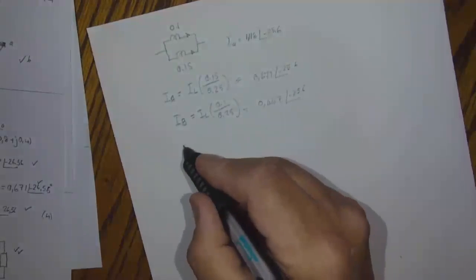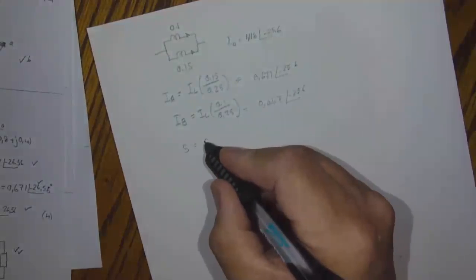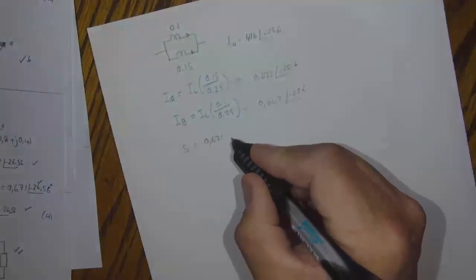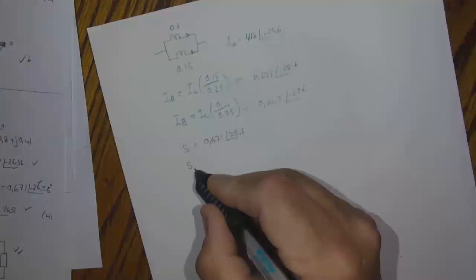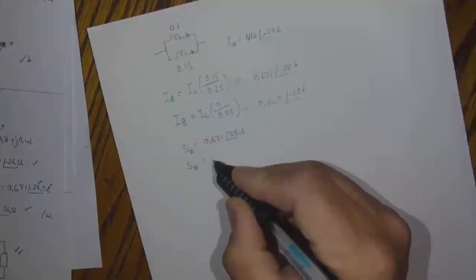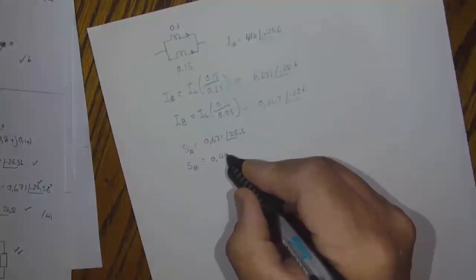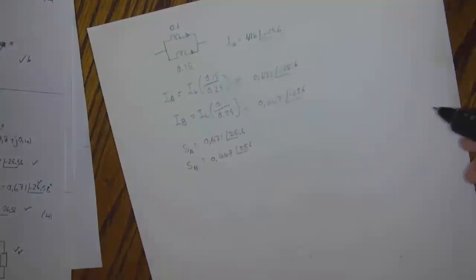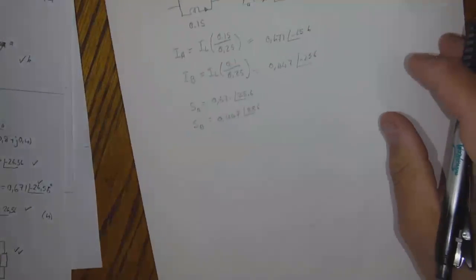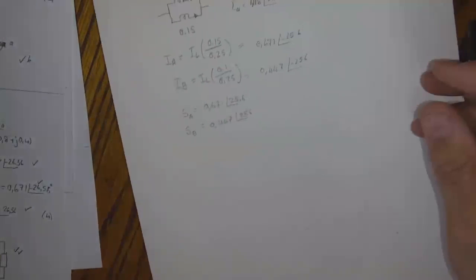So SA would be 0.671 at an angle of 25.6, and SB would be 0.447 at an angle of 25.6. All right.